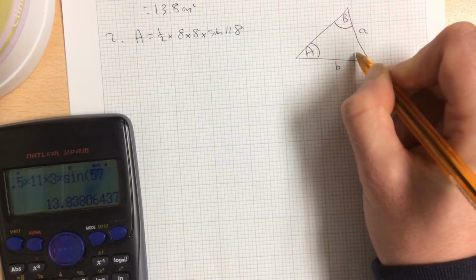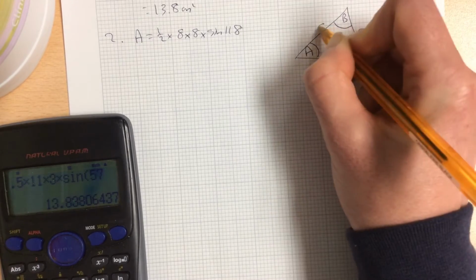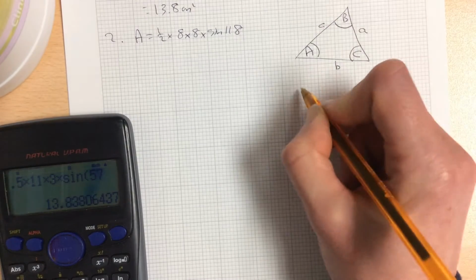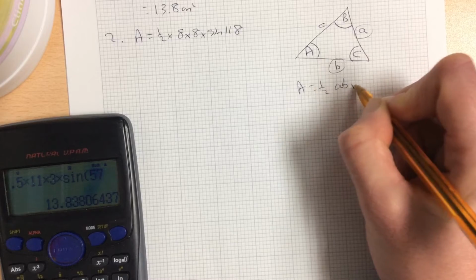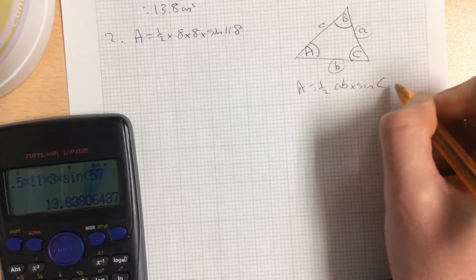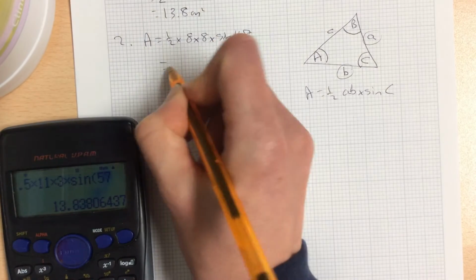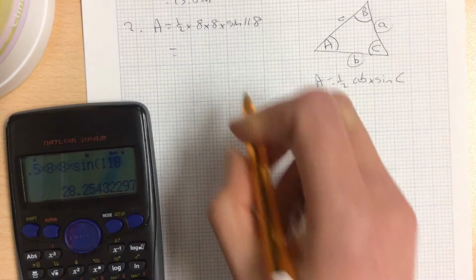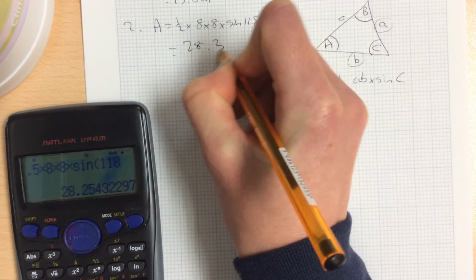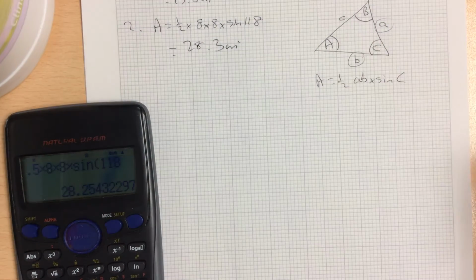B, and then B. Capitals were for angles, small letters for sides. If you look at this here wee formula, area is a half AB times sine the angle between them. That's where it comes from. Anyway, back to this one. So 0.5 times 8 times 8 times sine 118 gives you an answer of 28.3 centimetres squared.